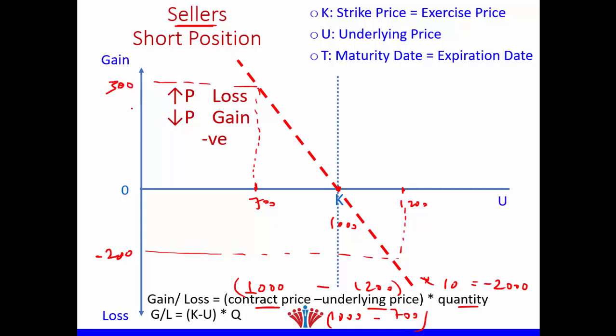It means that we will make a gain. Consequently, for a seller, if the price decreases, you make a gain. If the price increases, you make a loss. And here we have a gain of $300 per unit. If you'd like to get the total gain or loss, I will get 1,000 minus 700 multiplied by quantity. Let's assume the quantity is 10. So this will give us 3,000.